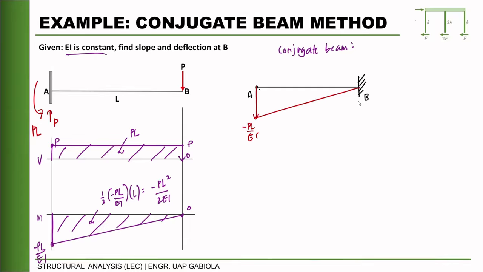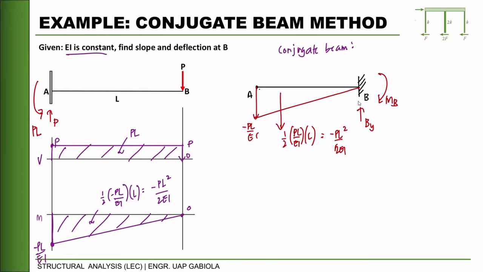We have our resultant here, 1/2 of PL over EI times L, which is negative PL squared over 2EI. It will be resisted by this shear, let's call it VB, and the moment will be resisted by the moment at B.